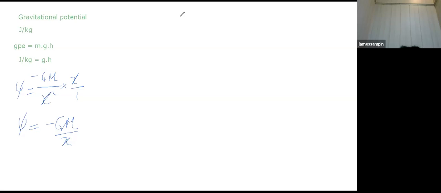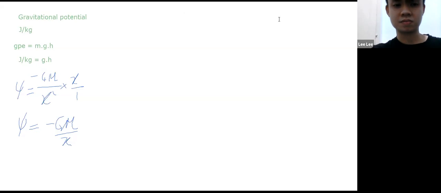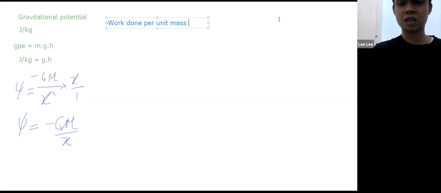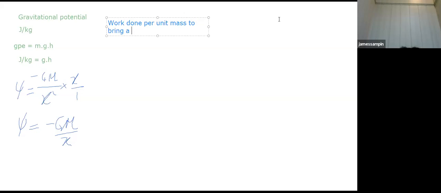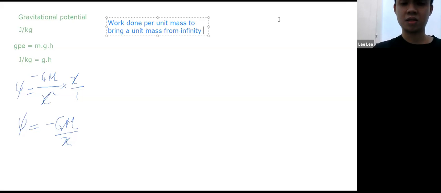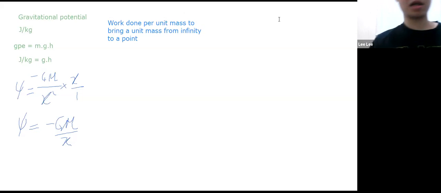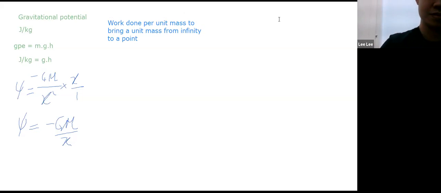So the definition of gravitational potential is work done per unit mass to bring a unit mass from infinity to a point. Usually no one understands that. I have to draw.